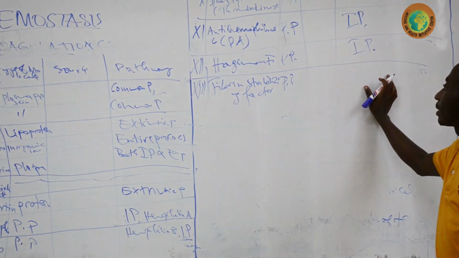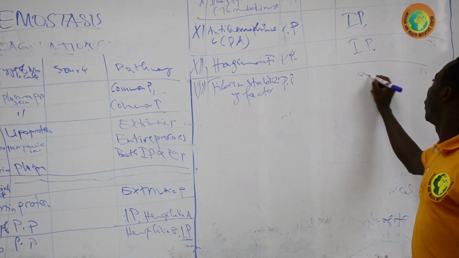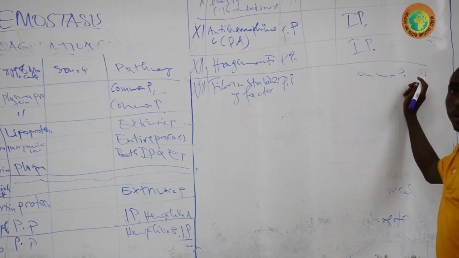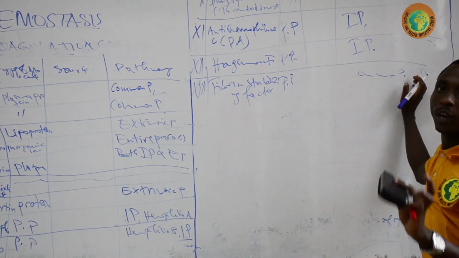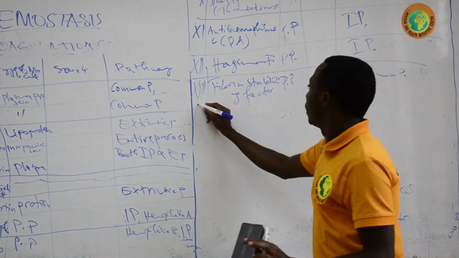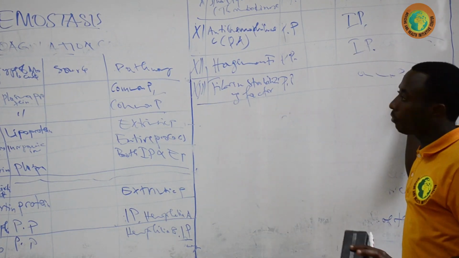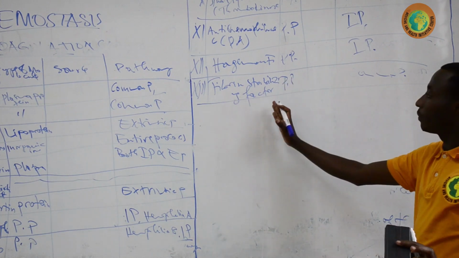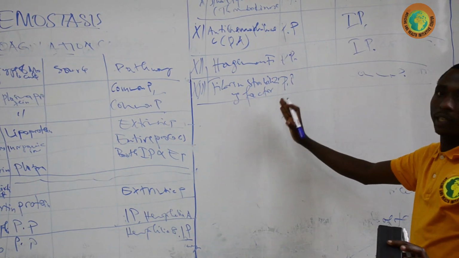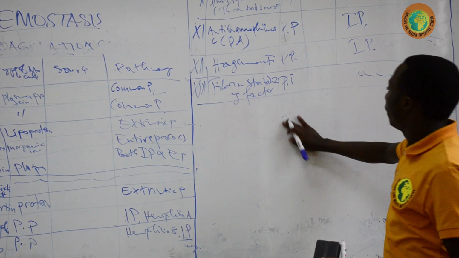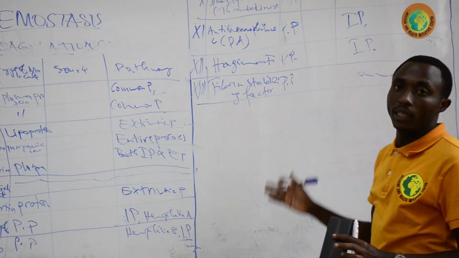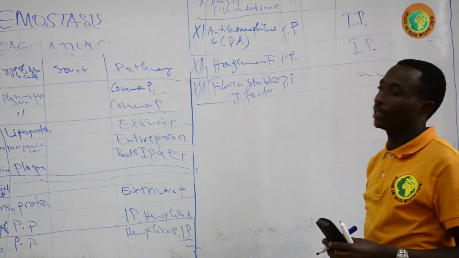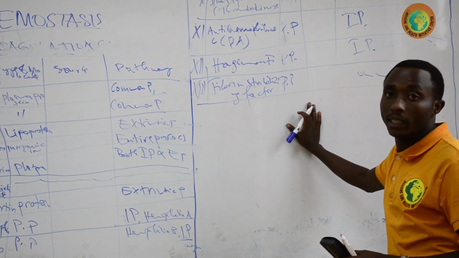It works in the common pathway, where it stabilizes fibrin. This is the list of the 12 known clotting factors, which are the main key players in this game of the coagulation cascade.